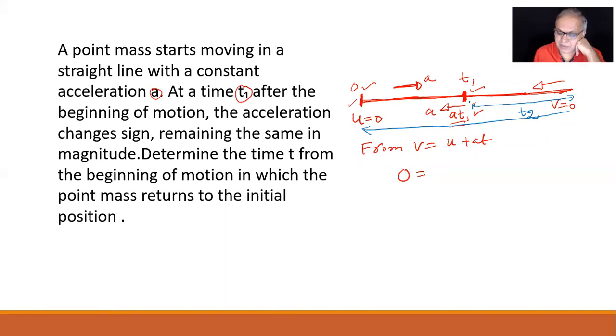But my displacement is taken from here. So first of all, I'll write this one. From here, u is how much, children? at1, into t2 is the time, minus, why?